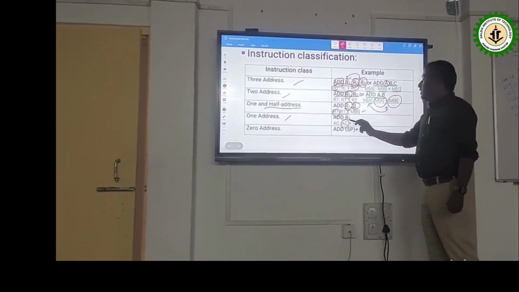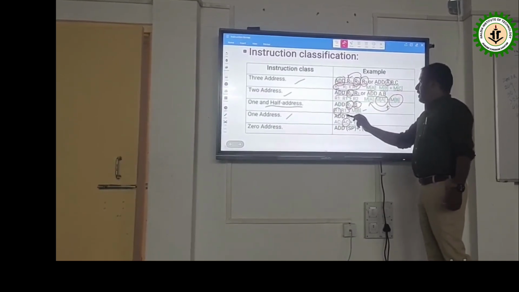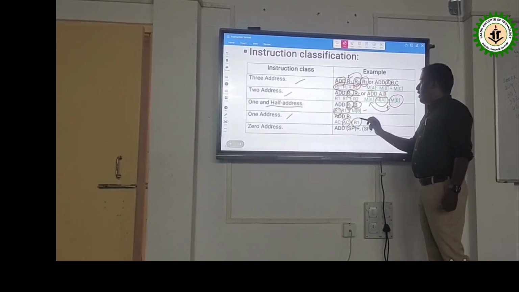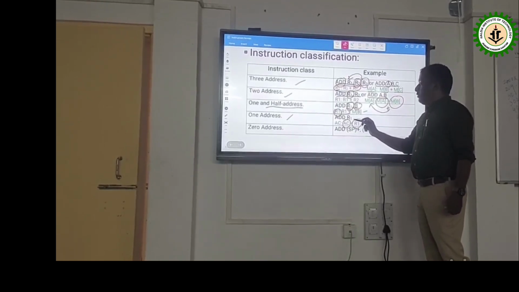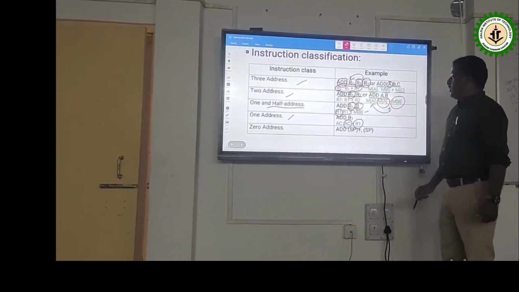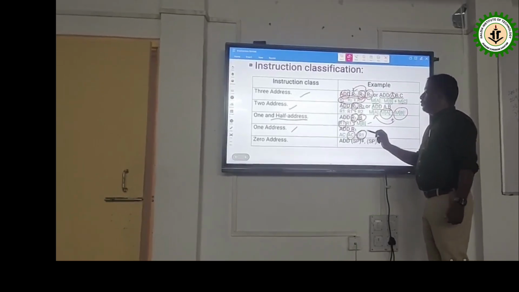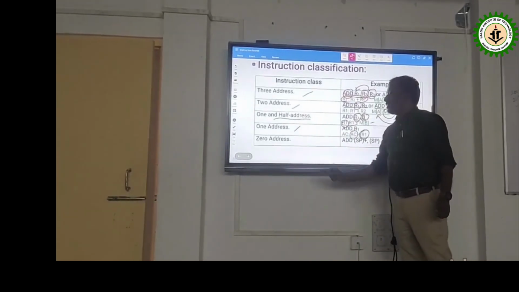In this case, add R1 means register content R1 will be added with the accumulator, and the result will be stored in the accumulator also. So only one memory content, that is a register, is used, so it is called a one address instruction.